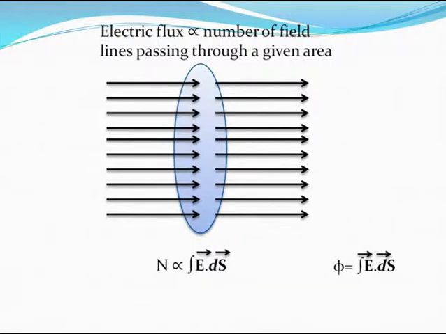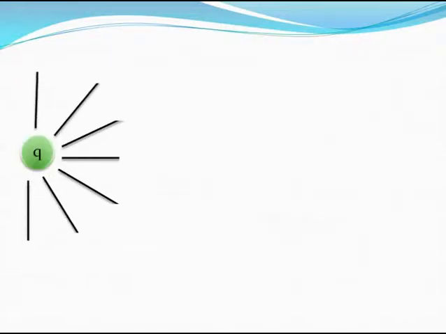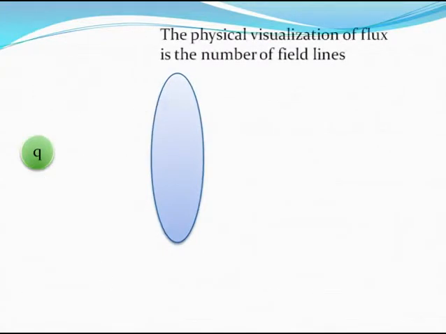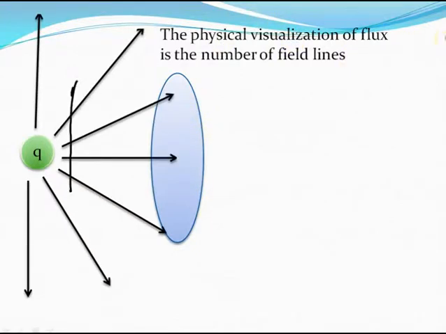Understood? Initially this might seem a bit complicated and you might not be able to physically visualize what electric flux means. But as we proceed in this chapter, you'll definitely get a feel of electric flux. The physical visualization of the flux because of this point charge passing through this elliptical area that you see on your screen is the number of field lines that are passing through this area.